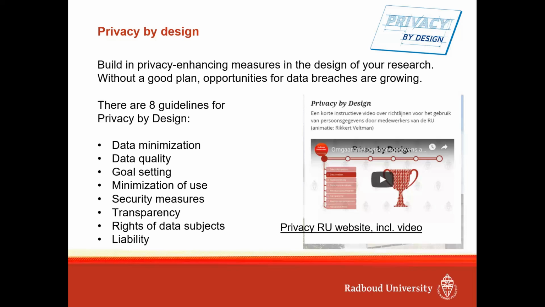Date of birth? And when you look at it from the minimization principle, is that still the case? In that case, it's better to just have the age of someone, or even an interval in which the age is, if that is relevant for your research.